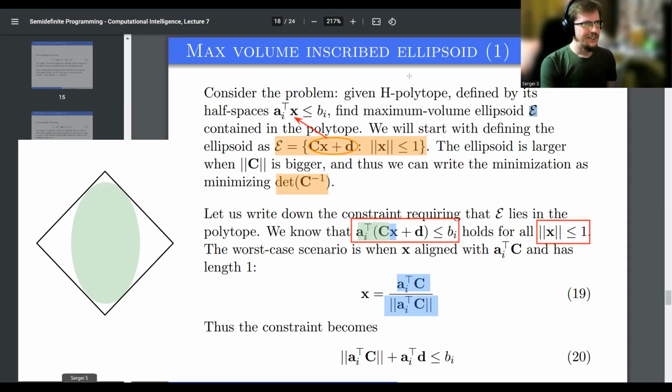Now we get this expression here for x, and we put this expression back into here.